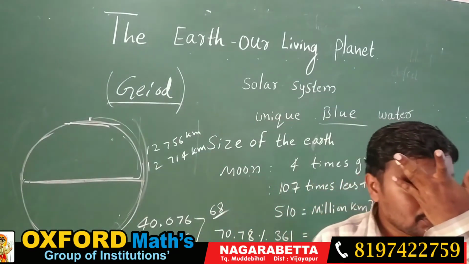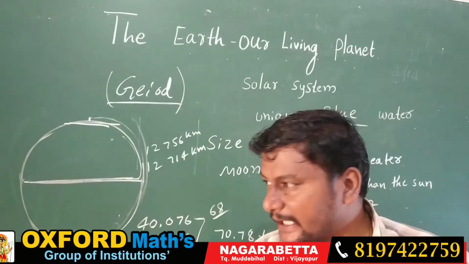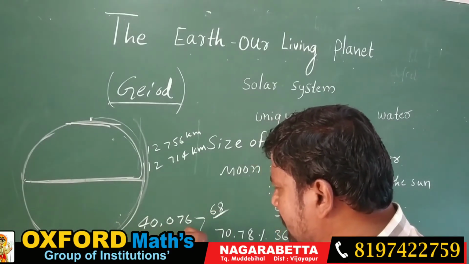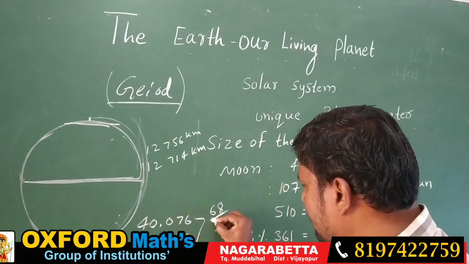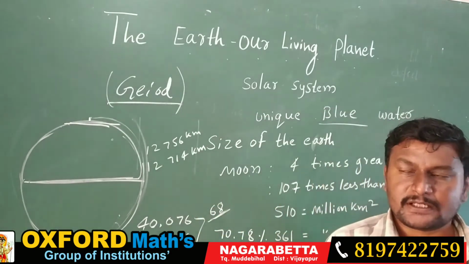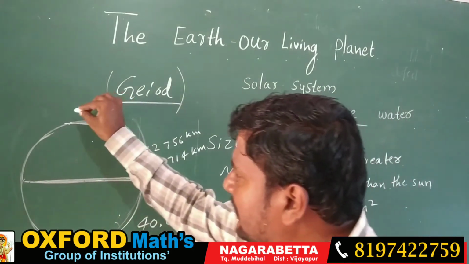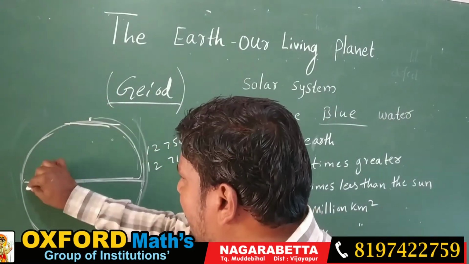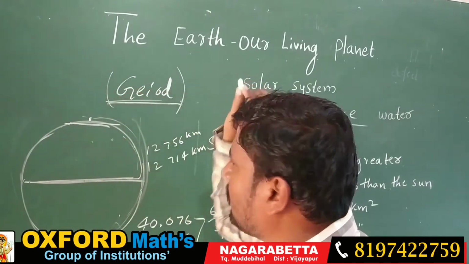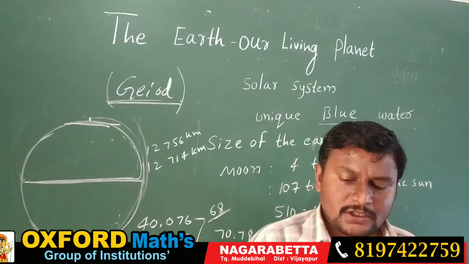So now you know how to calculate equatorial and polar circumferences, and the difference we get is 68 kilometers. So it bulges at the sides and is flat at the north and south poles. That shape of the earth is called a geoid shape.